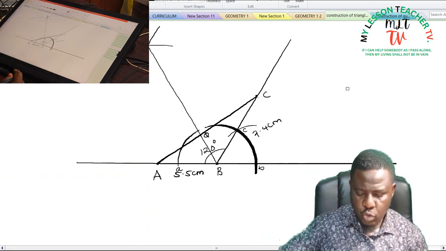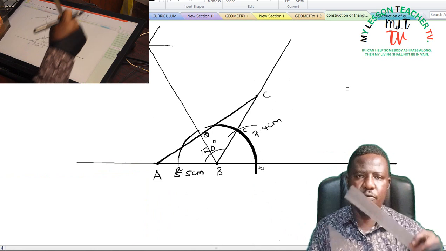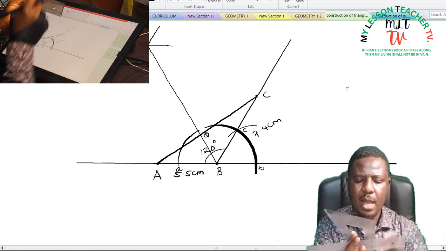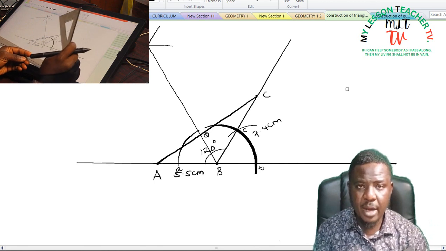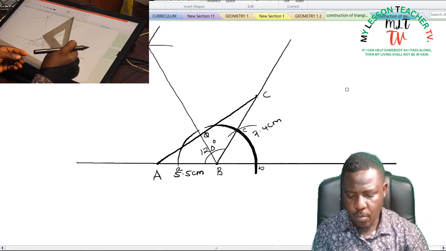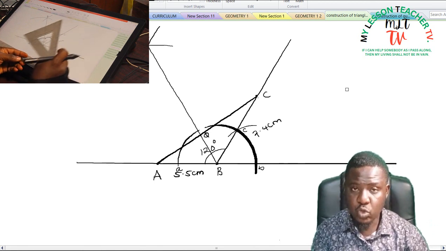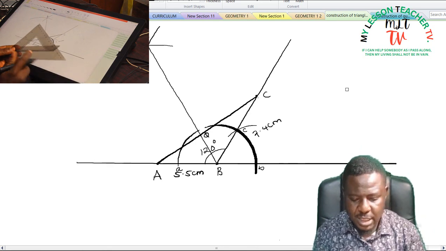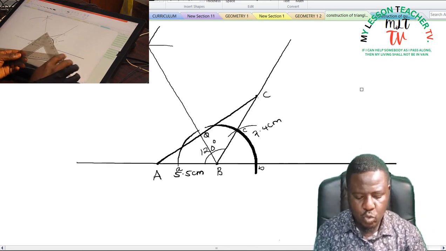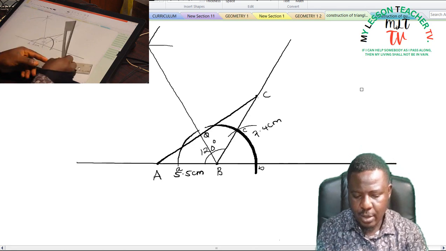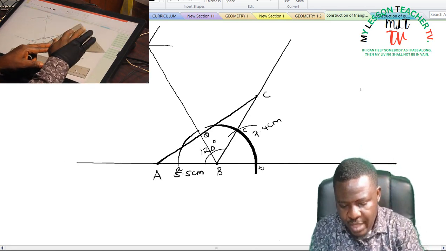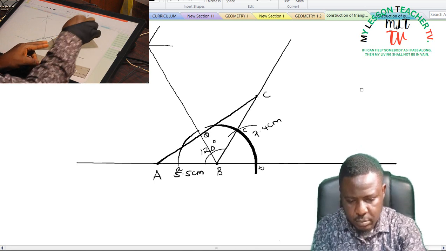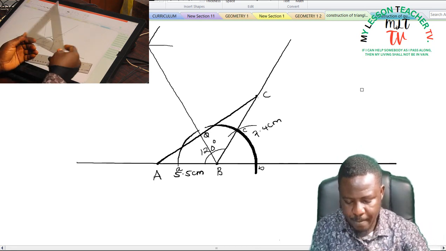Okay, so what I'm going to do is make use of my ruler and my 60-degree set square to construct a line from point Q that will be parallel to BC as stated in the question. So I'm going to set my 60-degree set square on the line that I want to copy.